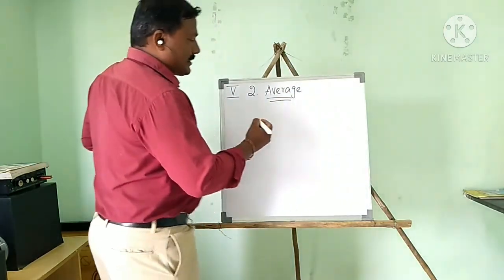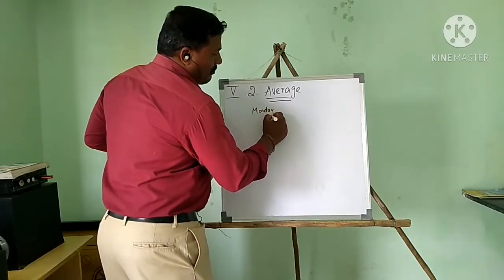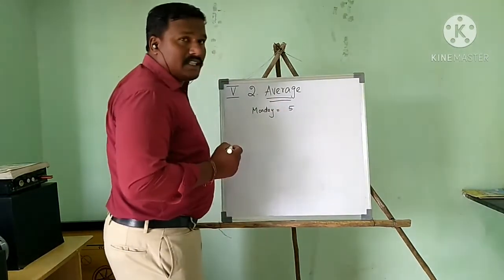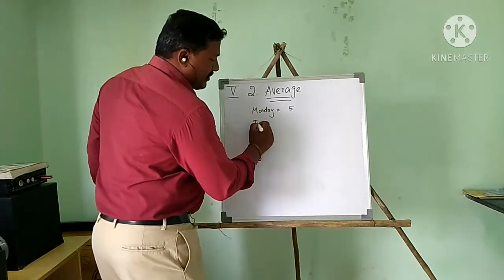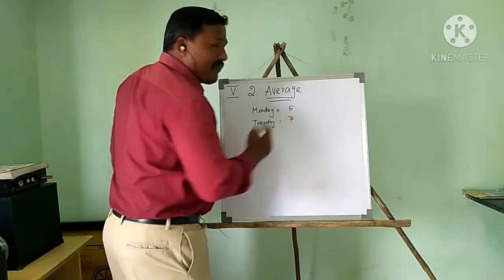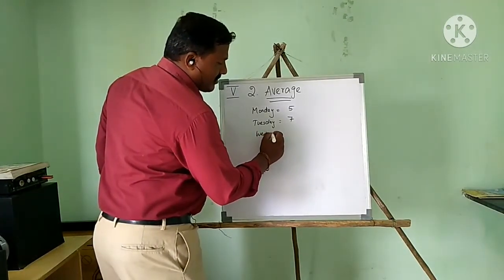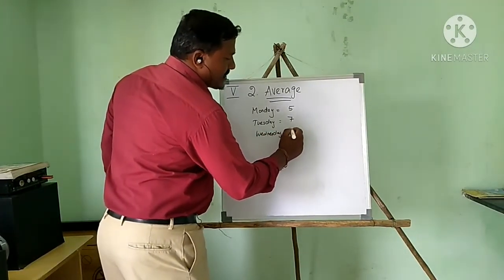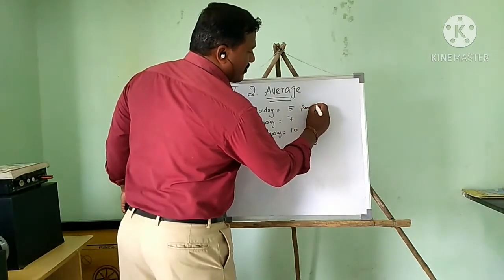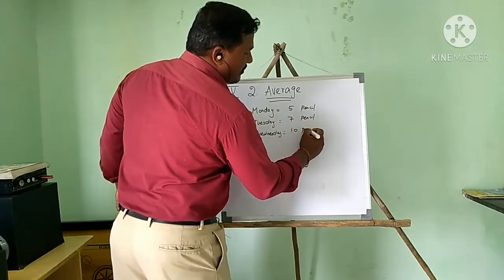Suppose Monday you sell 5 pencils. Then Tuesday you sell 7 pencils. Then Wednesday you sell 10 pencils. Okay, 5 pencils, 7 pencils, 10 pencils.